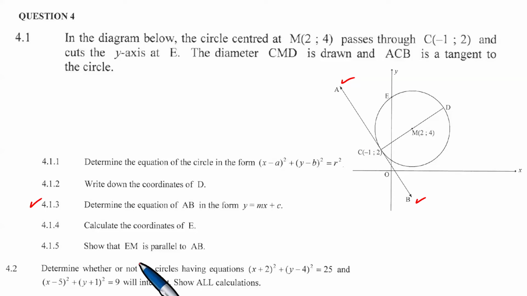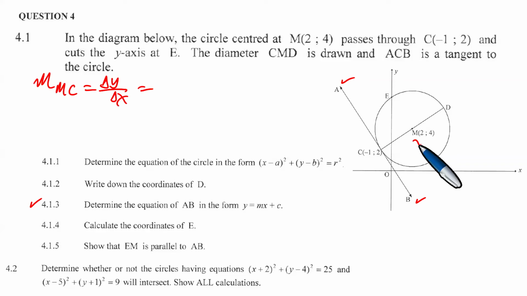There are a couple of things that remain very important. We must first find the gradient of the line to find its equation. So we'll first find the gradient of the line MC. The gradient of MC is change in y over change in x.